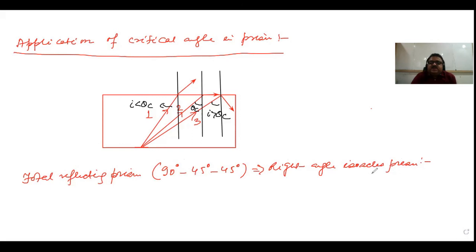Okay, 90 degree, 45 degree, 45 degree. These are also called right angle isosceles prisms, and the prism looks like this. This angle is 90 degree, this angle is 45 degree, and this angle is 45 degree. Correct?